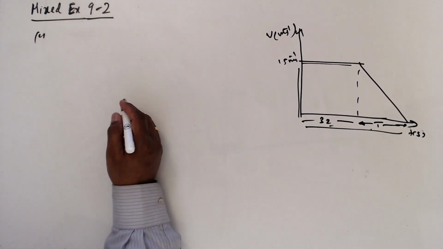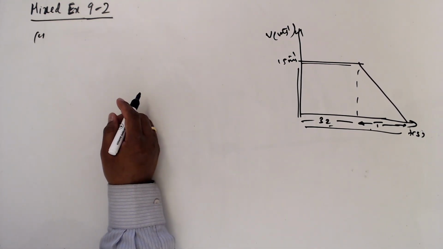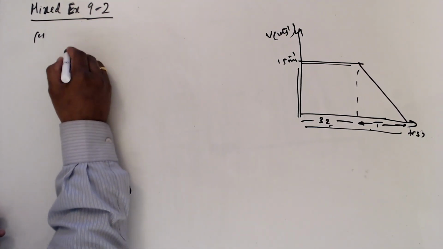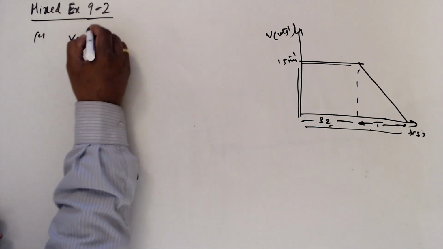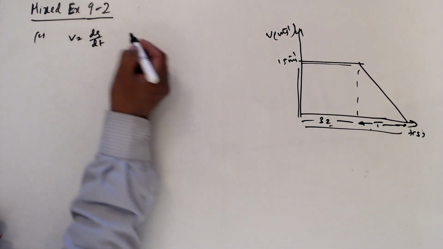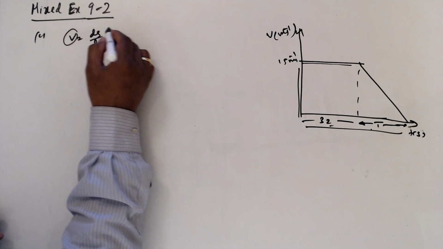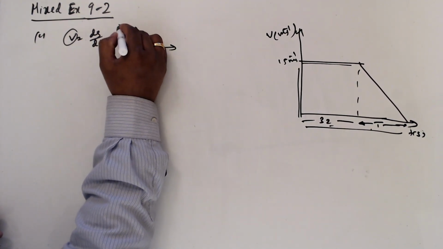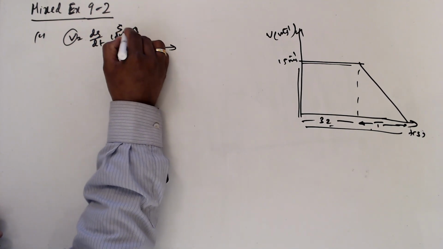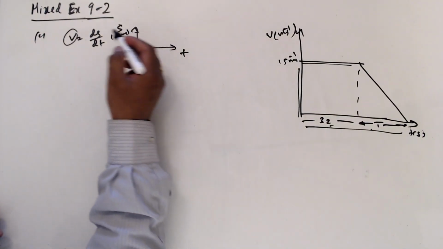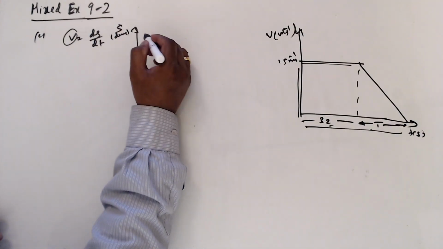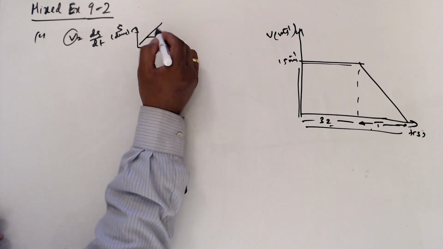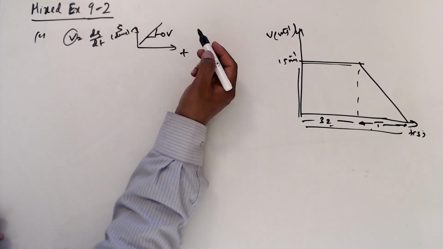Part C is we need to draw a displacement-time graph for this one. So we know that v equals ds over dt. For the displacement-time graph, the gradient will give the velocity.